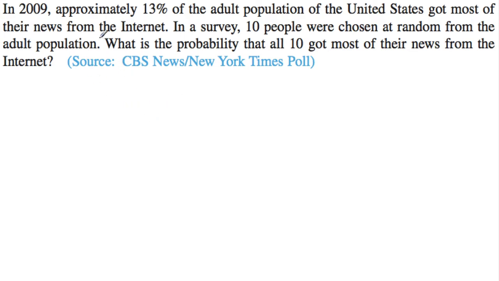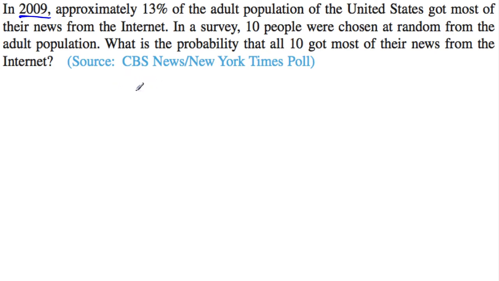So here we have a poll that said approximately 13% of adults got most of their news from the internet. This is in 2009. So in a survey, 10 people were chosen at random. What's the probability that all 10 got their news from the internet? Well, imagine you're picking just one.